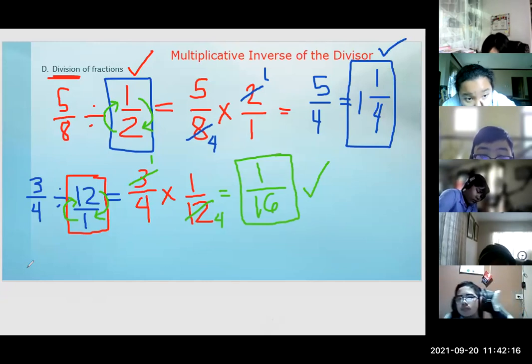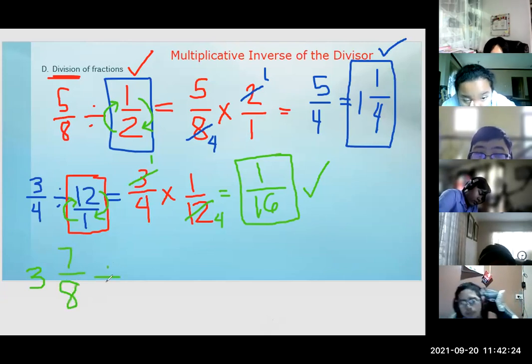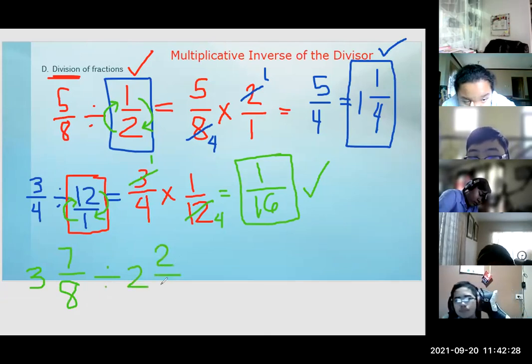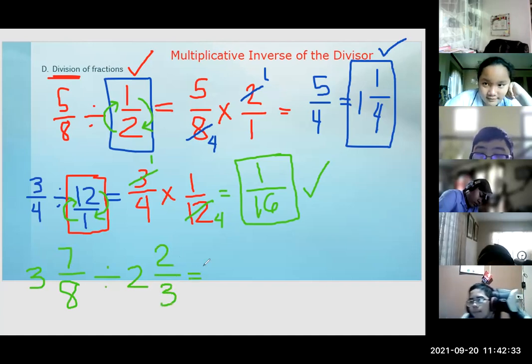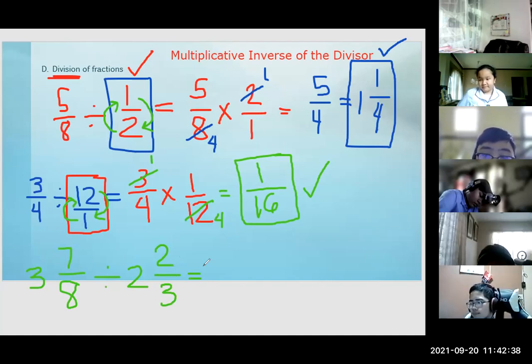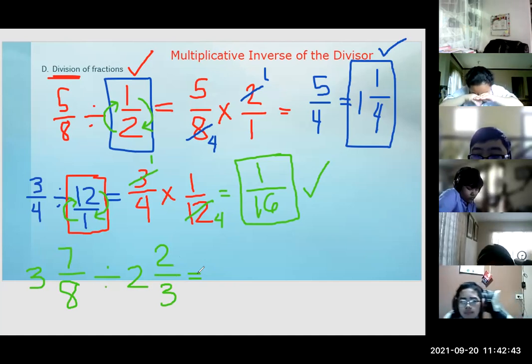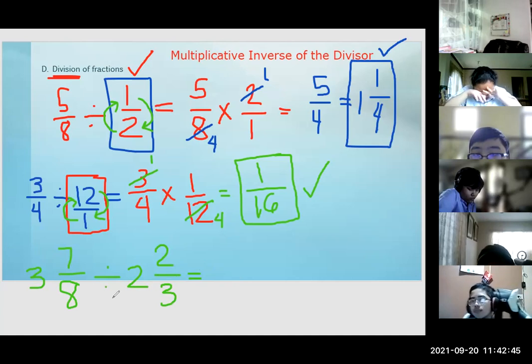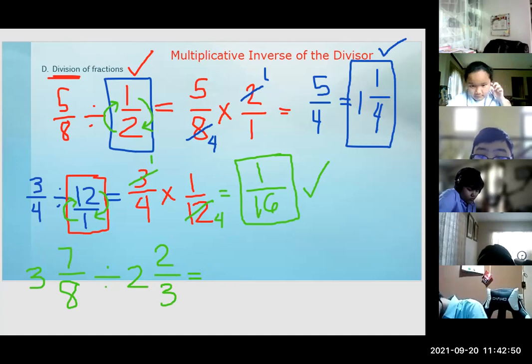Next, example. 3 and 7 over 8 divided by 2 and 2/3. If the given numbers are in mixed number or mixed fraction, we need to convert this first into improper fraction.